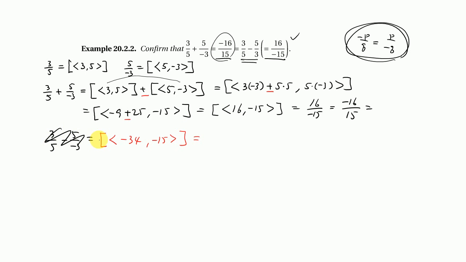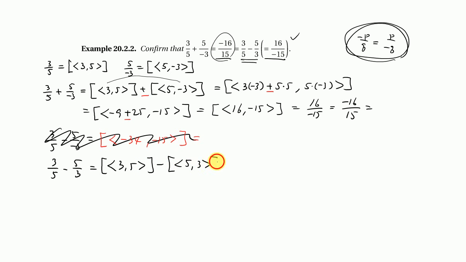Sorry, so let me redo it. 3/5 minus 5/3 only, so (3, 5) minus just (5, 3). So it's 3 times 3, and in this case minus, 5 times 5, comma, 5 times 3, right?